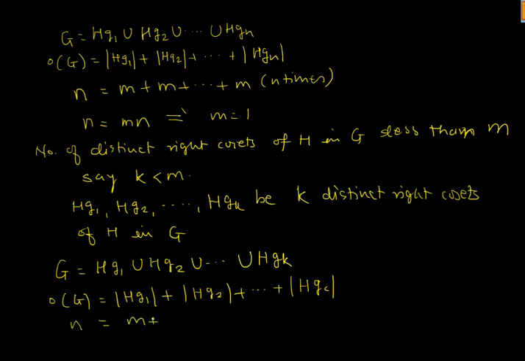So this is m plus m plus m. These are the k cosets, therefore it is k times. So m plus m k times, therefore we are getting n is equal to m times k, meaning m into k. And therefore n divided by m is equal to k.